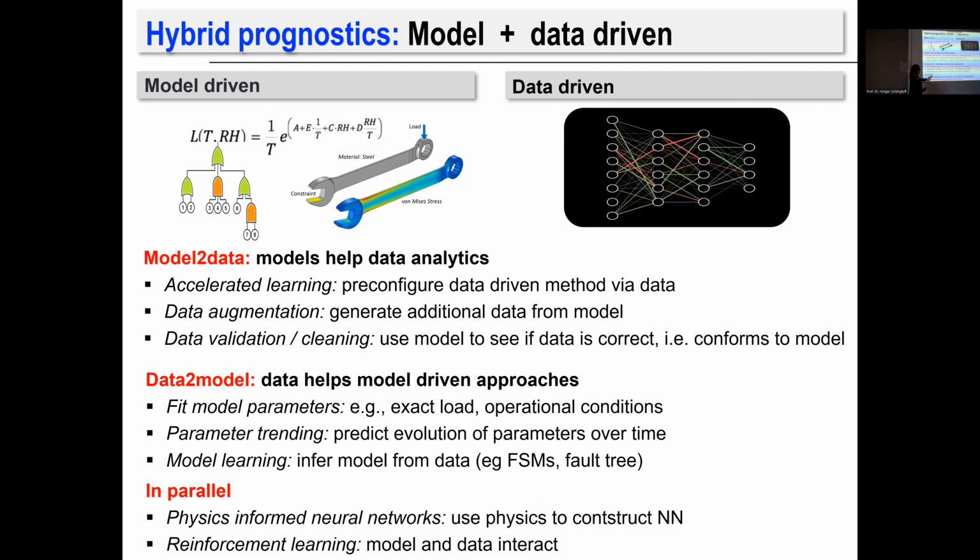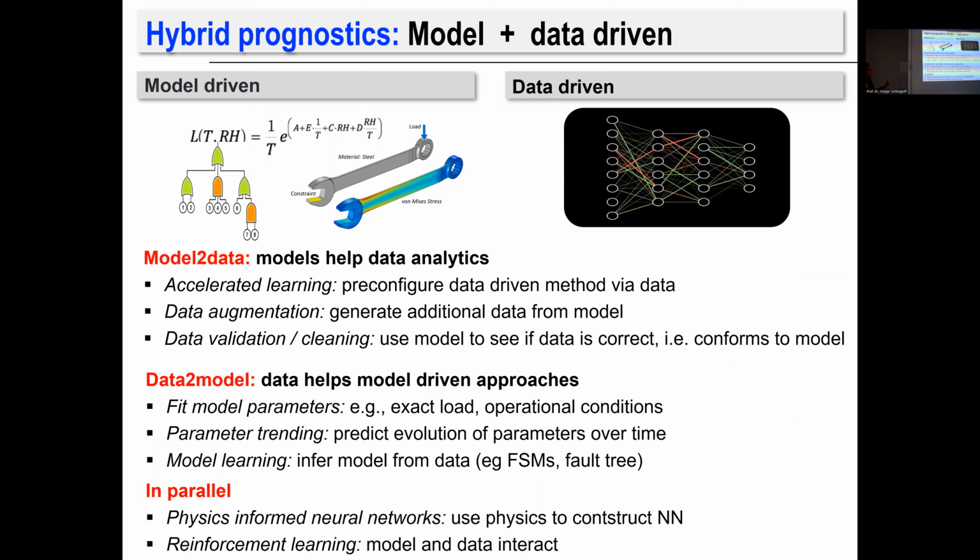There is a lot of work done in so-called physics-informed neural networks, where you really use the laws of physics to infer your neural network. I'm not an expert at all on this. And there's, of course, also reinforcement learning, also a hot topic that I feel is also using models and data at the same time.